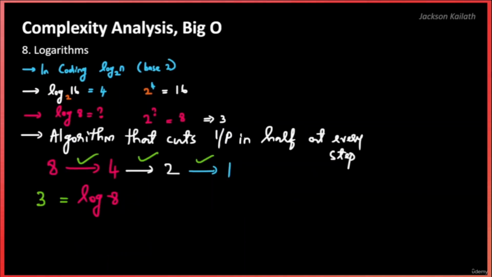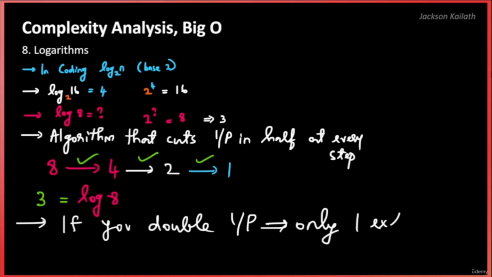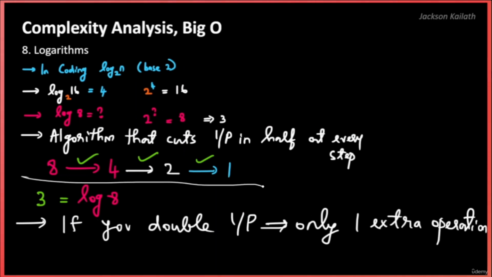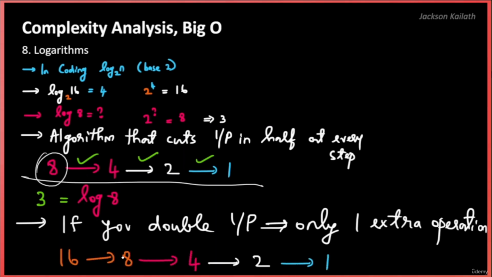Now another way in which you can think about a time complexity of log n is, if you double the input, you are only going to do 1 extra operation. Let's take the same example. We started out with 8 elements. Let's say we start out with 16 elements. From 16, we eliminate half and are left with 8. From 8, we eliminate half and are left with 4.